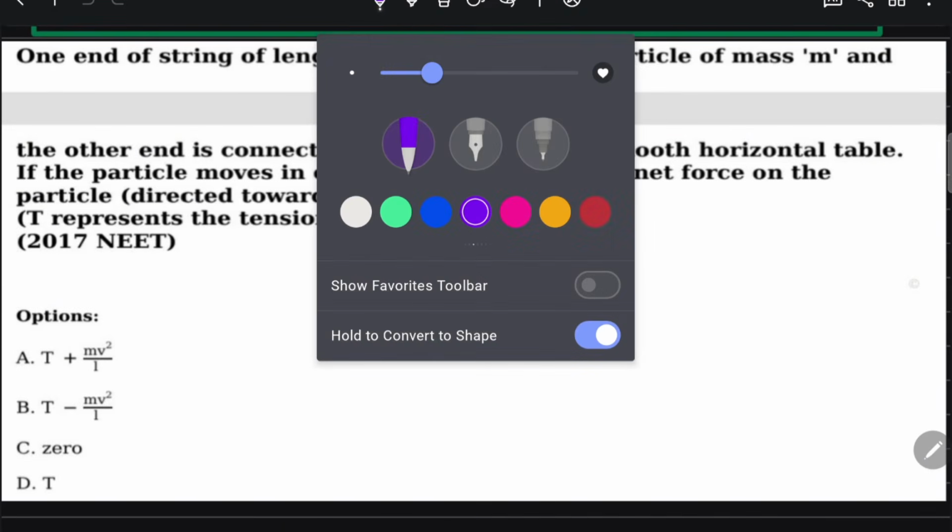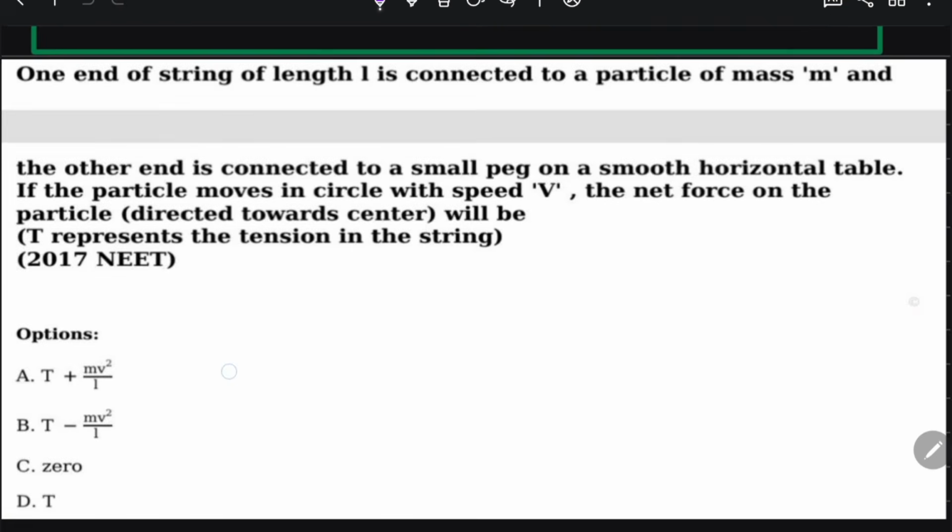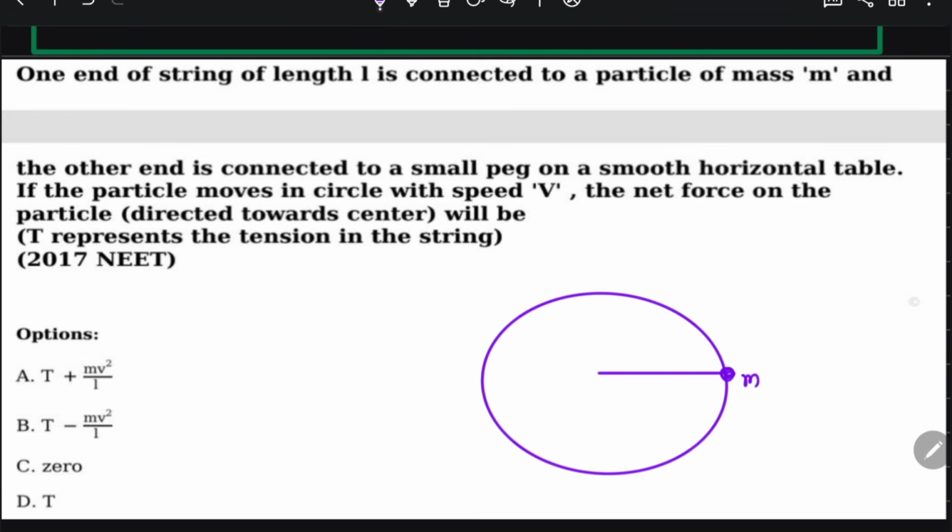This question is also a very interesting question. One end of a string of length L is connected to a particle of mass M, and the other end is connected to a small pad on a smooth horizontal table. If the particle moves in a circle with speed v, the net force on the particle directed towards the center.